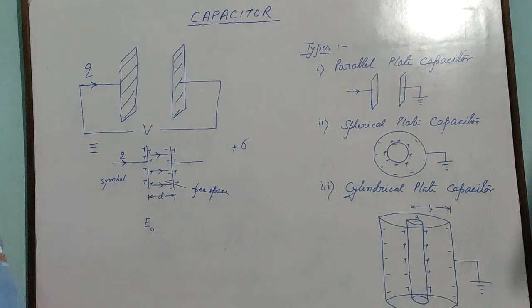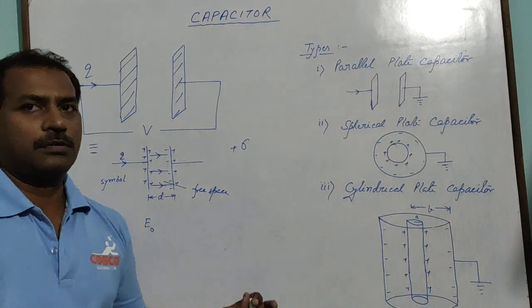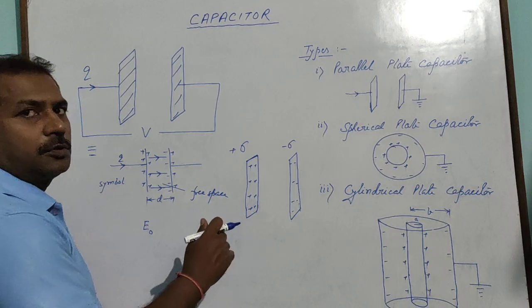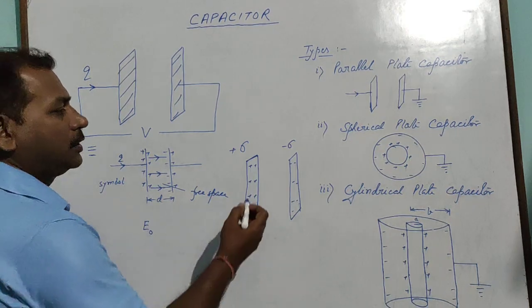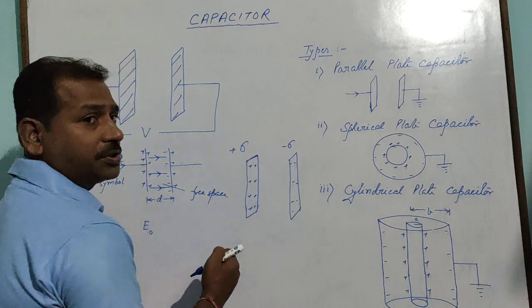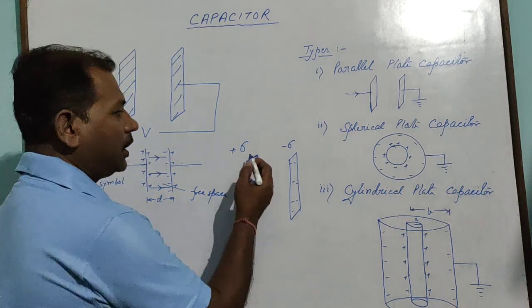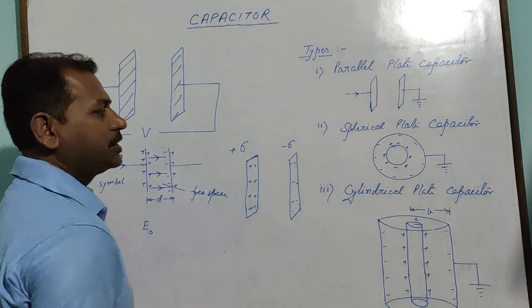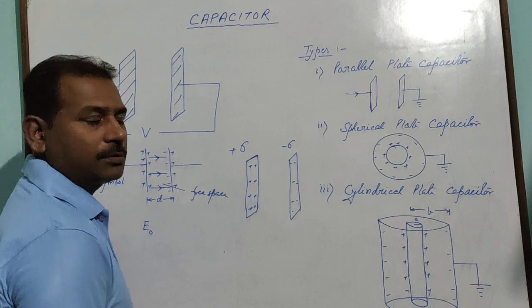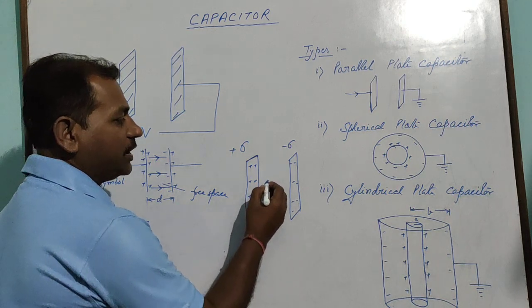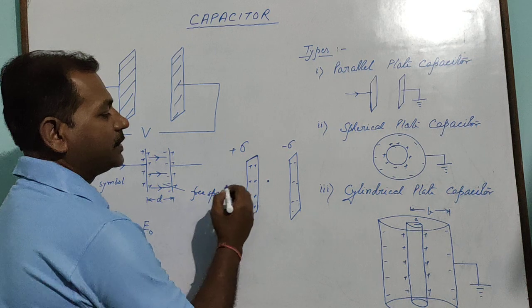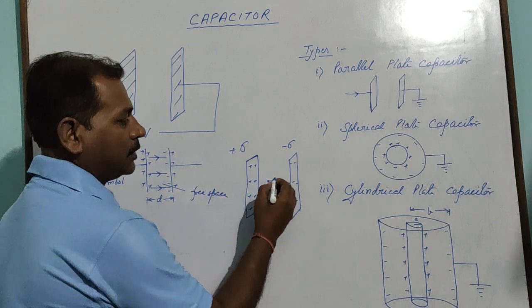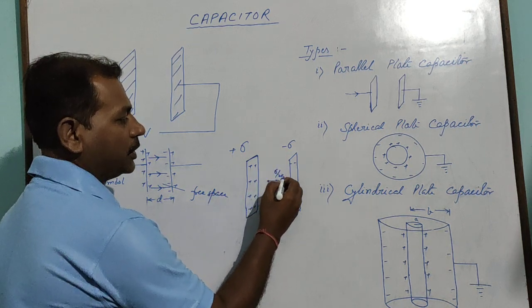You know from Gauss theorem that when one plate is positively charged with certain surface density, if two thin plates have surface charge density positive sigma and negative sigma, then the field intensity in between the two plates due to each is sigma by 2 epsilon naught.